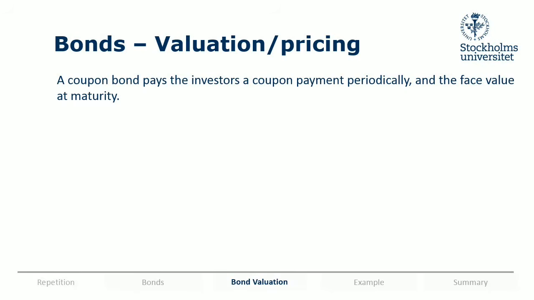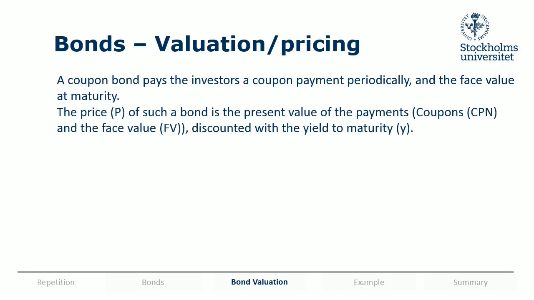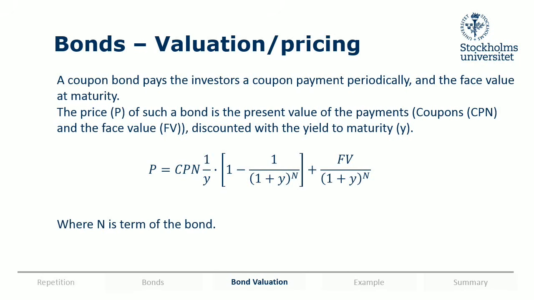A coupon bond, on the other hand, pays the investor coupon payments of some periodicity. In this course, often once a year, but in reality, often twice a year. The price of such a bond is the present value of the payments, again, but here it's the coupon payments and the face value, discounted with the yield to maturity.